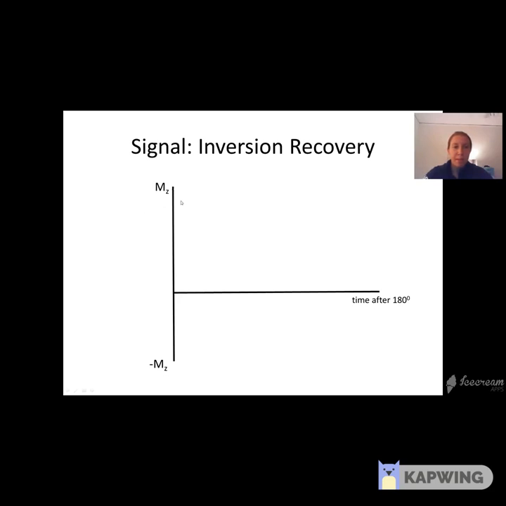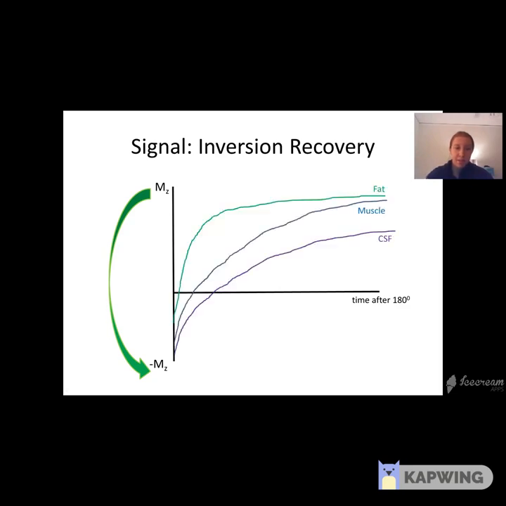In inversion recovery, basically you're going to flip the protons 180 degrees, and then you're going to watch the net magnetization grow. For different materials like fat, muscle, and CSF, for example, they're going to grow at different rates.